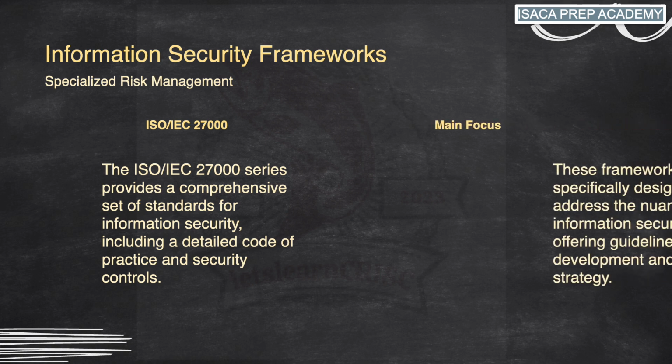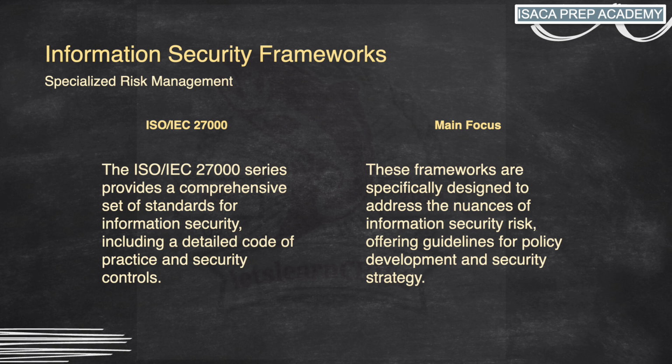Next, about the main focus. Friends, the main focus of this framework is to provide tailored guidance for managing information security risks effectively. They are designed to address the unique challenges and complexities associated with safeguarding sensitive information within organizations, and by offering guidelines for policy development and security strategy, these frameworks help organizations to establish robust measures to protect their information assets from various threats.